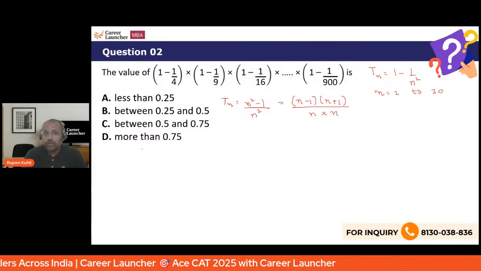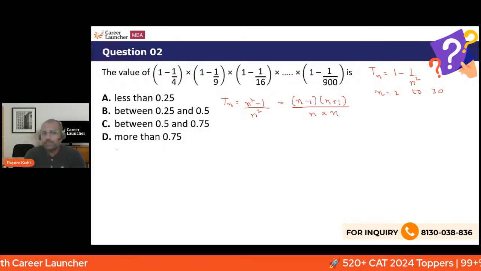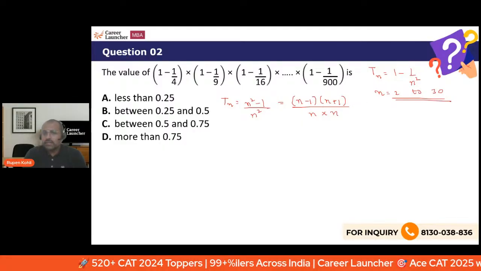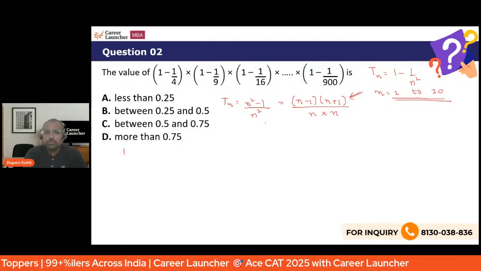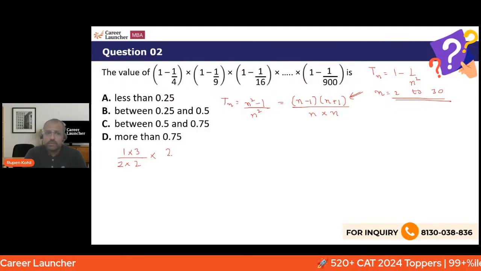Okay, so now I'm actually writing not literally all the 29 terms, but the first few and the last few terms. You will see what happens. So the required product is, putting n equal to 2 and up to 30 in this expression, I'm writing the product over here. So n equal to 2, 1 into 3 over 2 into 2, into, then for n equal to 3, you have 2 into 4 over 3 into 3.